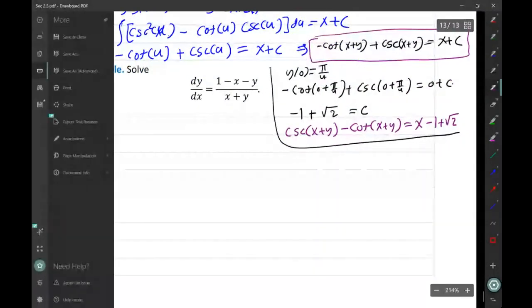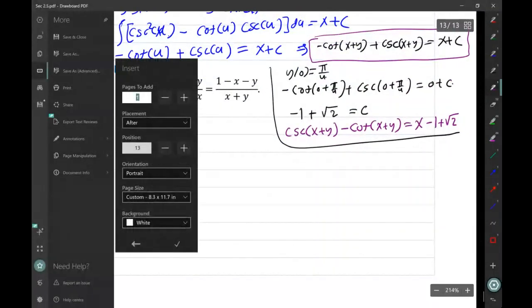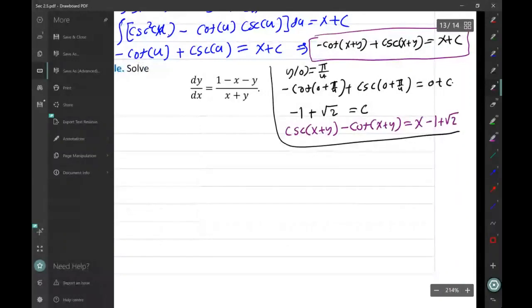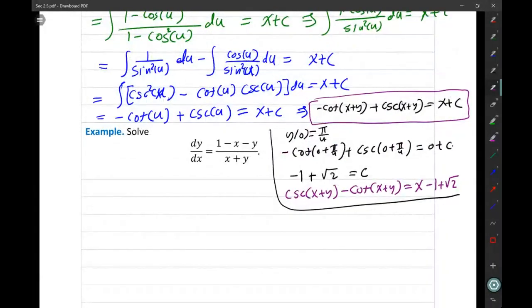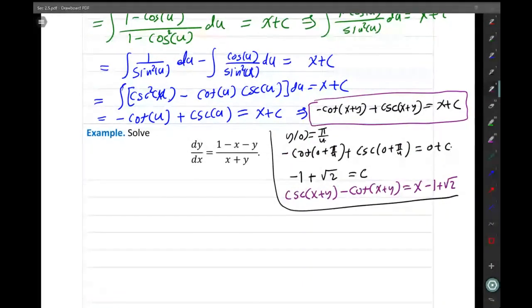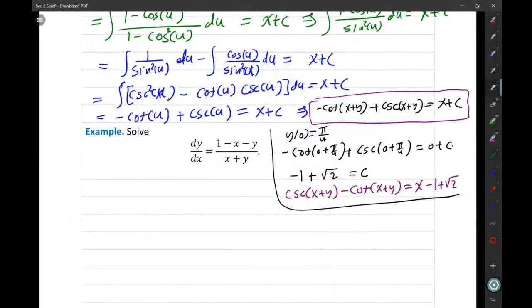Let's see the next example. For sure I need at least one extra. The example says dy by dx is equal to 1 minus x minus y divided by x plus y. Yes, here you assume in this method u to be the linear combination of two variables x and y.